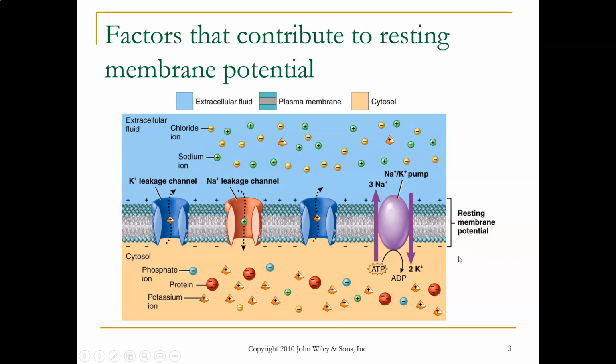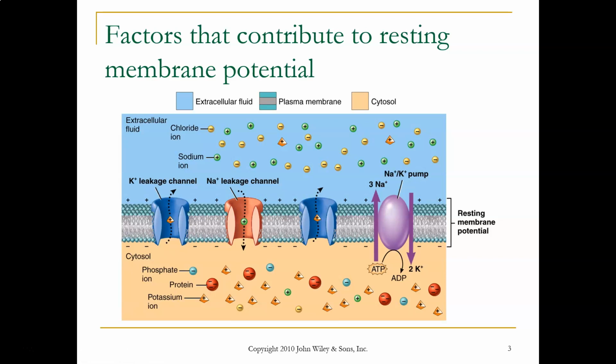And if you measure the difference across the membrane, like how much more positive charge is right outside than inside, it's typically about 70 millivolts, a thousandth of a volt. So we're not talking about high voltage here. But negative 70 millivolts is an average resting membrane potential.